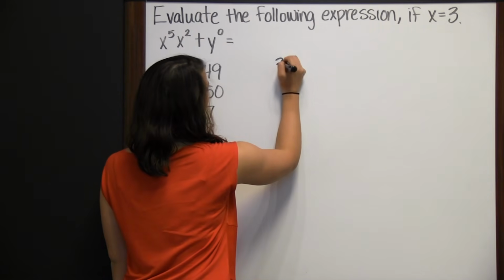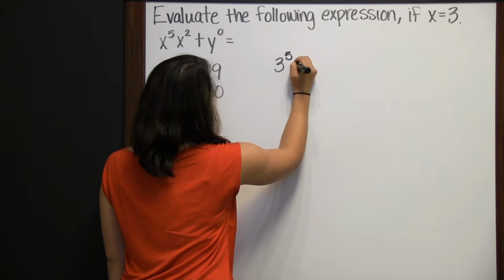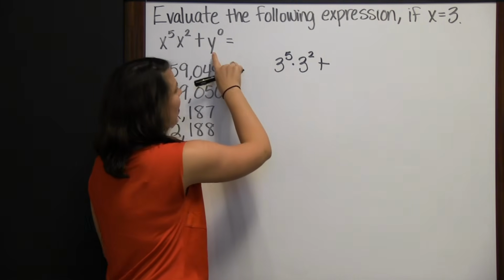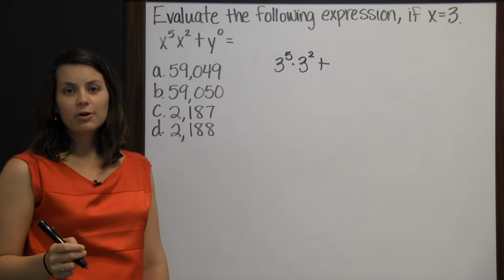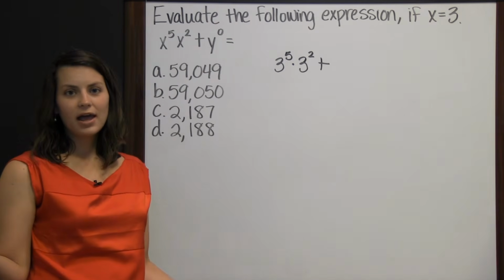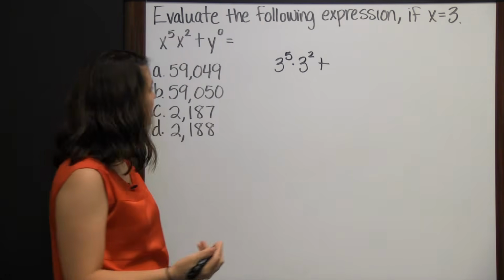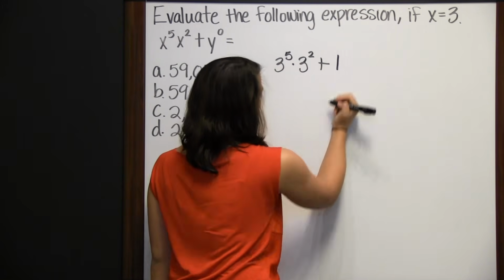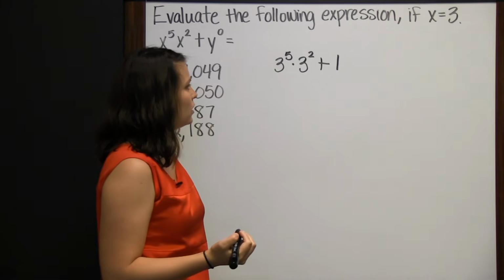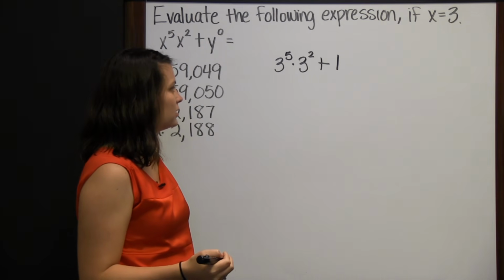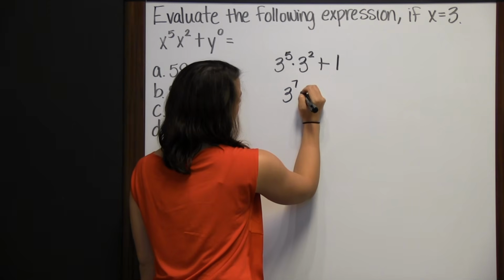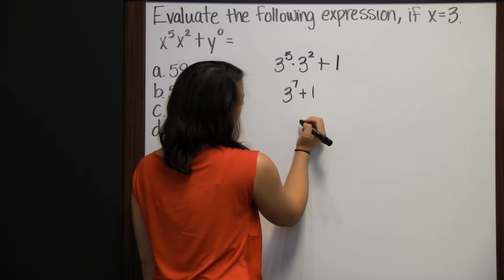So we have 3 to the 5th times 3 squared plus anything raised to the 0 power, x, y, 10, 15, anything raised to the 0 power is 1. So that's plus 1. 3 to the 5th times 3 squared is really 3 to the 7th power plus 1.